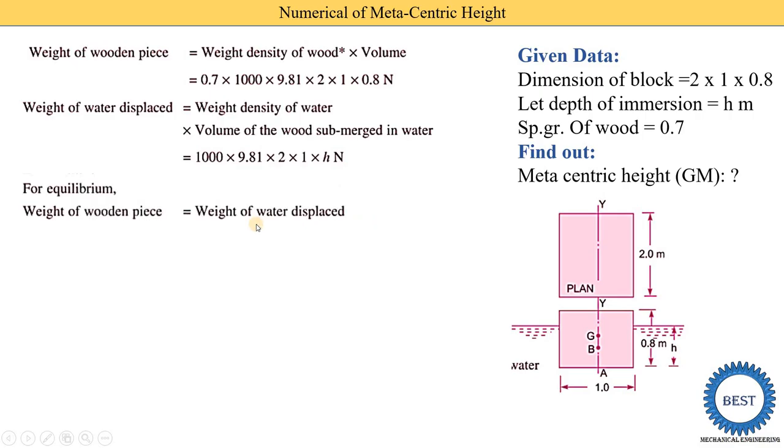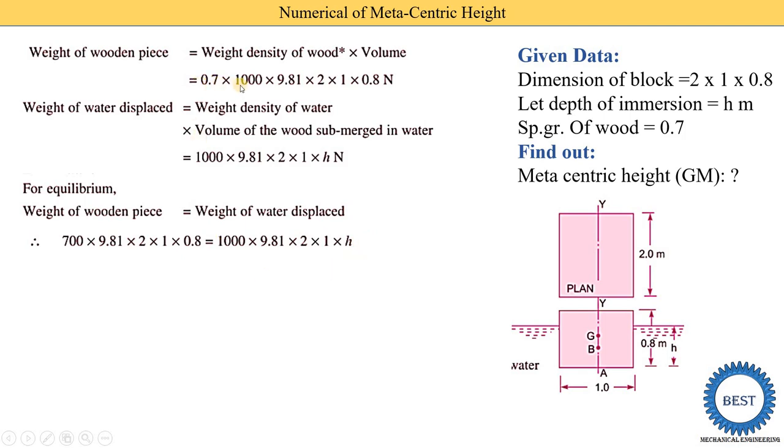Okay, and according to our theory, these both are the same. So the weight of the wooden piece is equal to the weight of the water displaced. So we equate these two values, then we are able to find h.